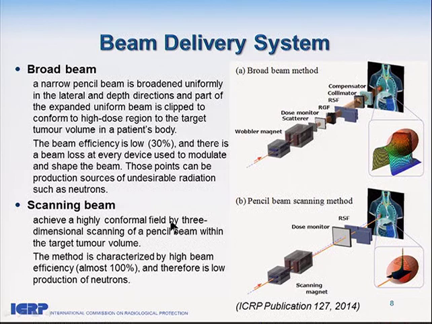But since we don't need equipment to modulate the dose as in the broad beam system, the method is characterized by high beam efficiency, almost 100%. Therefore, we can expect a very low production of neutrons. This is the advantage of the scanning beam, but we need high technology to control the beam system.